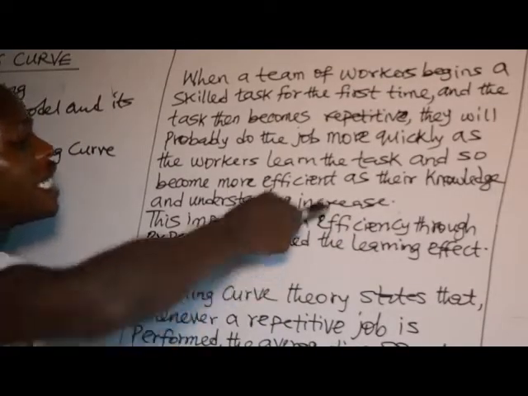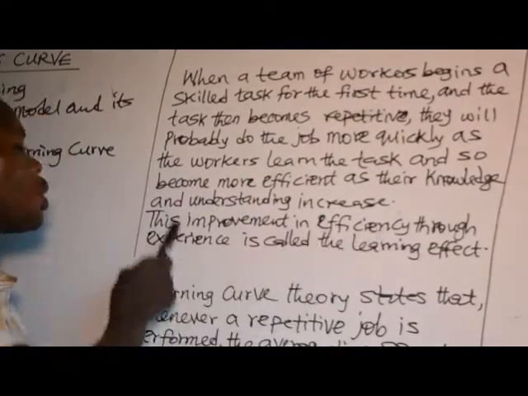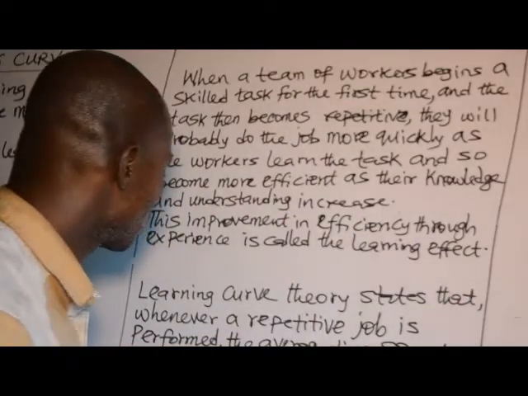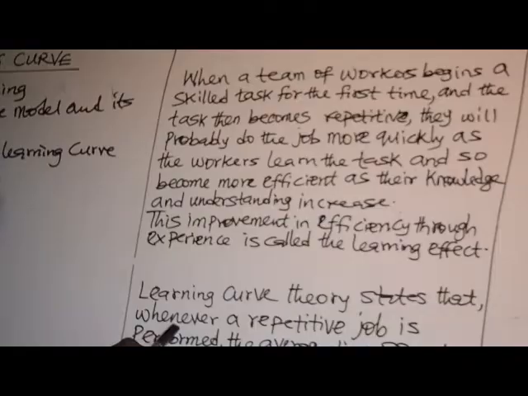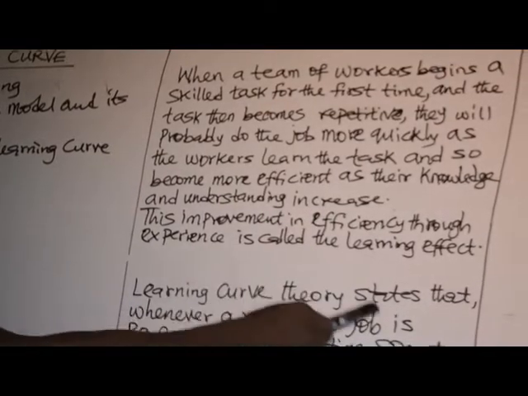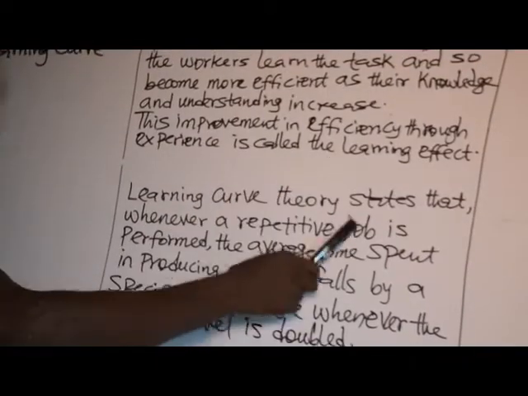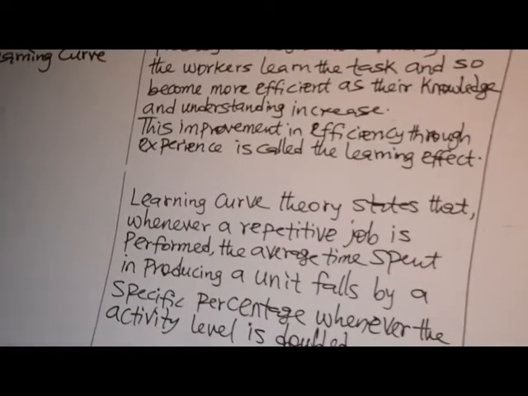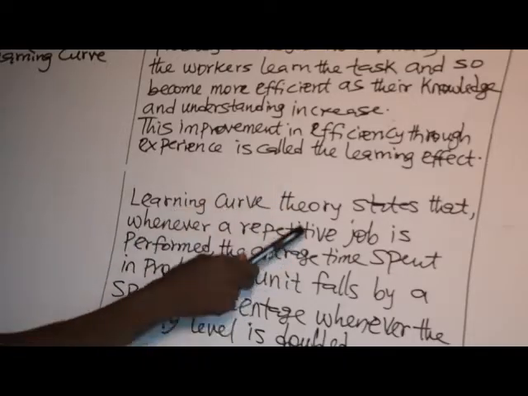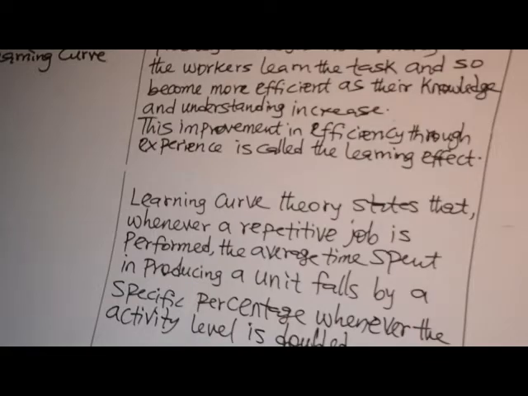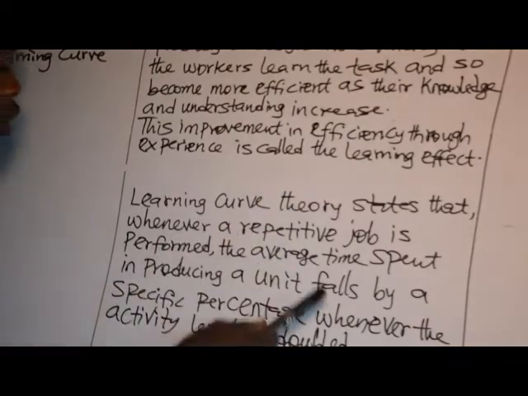This improvement in efficiency through experience is called the learning effect. Learning curve theory says that whenever a repetitive job is performed, the average time spent in producing a unit falls by a specific percentage whenever the activity level is doubled.